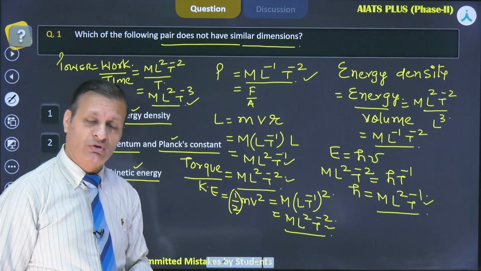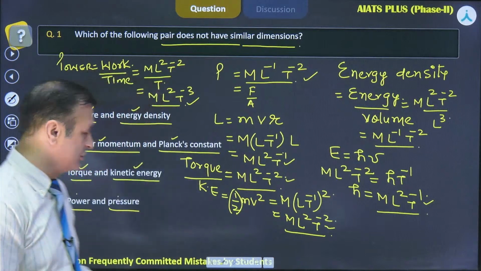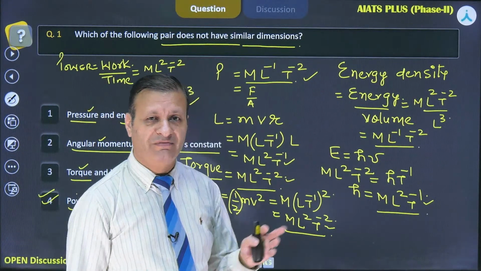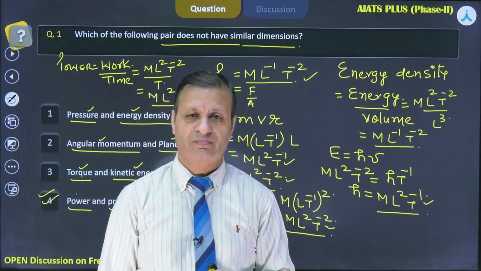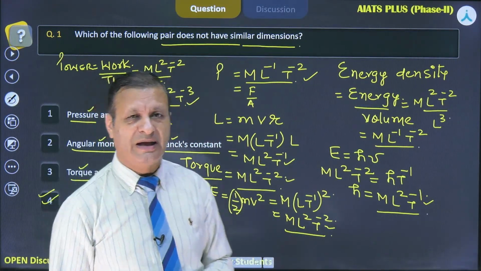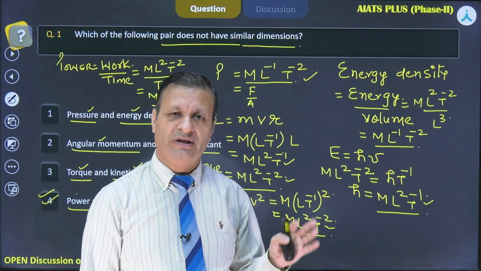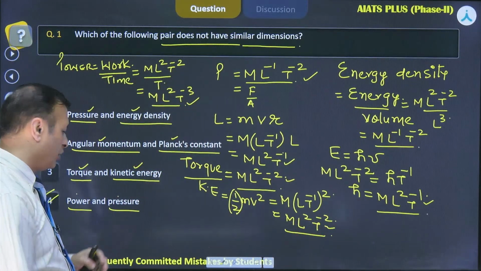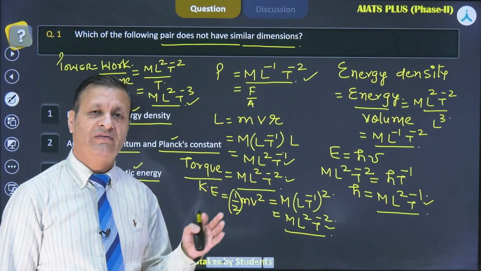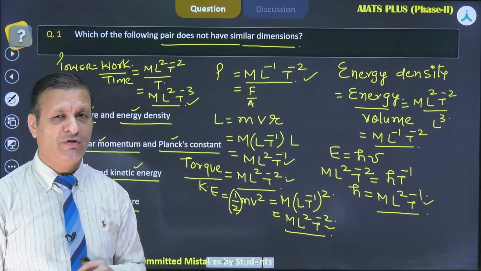This is your correct option for the given objective question. With this analysis of all the given physical quantities, we have reached the conclusion that the 4th option, power and pressure, are 2 different physical quantities and they have altogether different dimensional formulas.